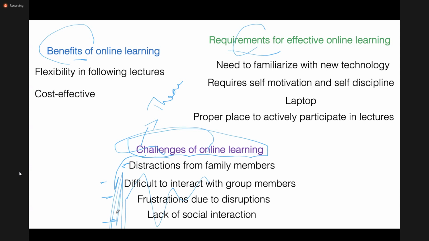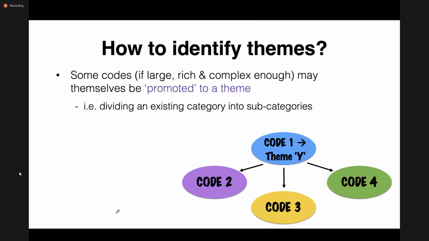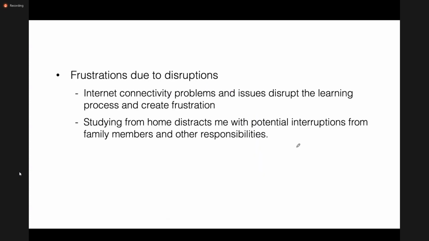You can identify those specific things. So if you have one code that's very big, you identify as quite large, you might decide, okay, I can have that as the theme, and I can actually subdivide that into different things.